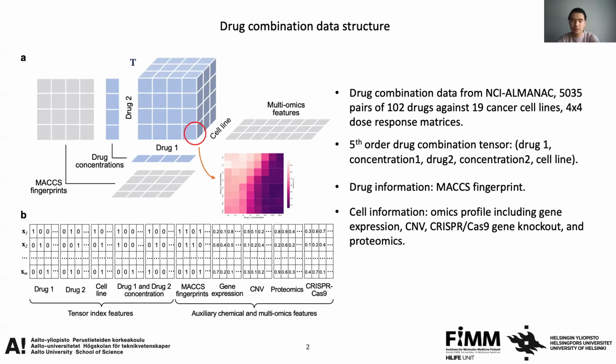In order to reduce the large number of cell features, which is more than 70,000 in our case, we selected only 1% of the omics features with the highest variance across the 19 cell lines. So the final feature matrix consists of the one-hot encoded tensor indices and the auxiliary information from both the drugs and cell lines.